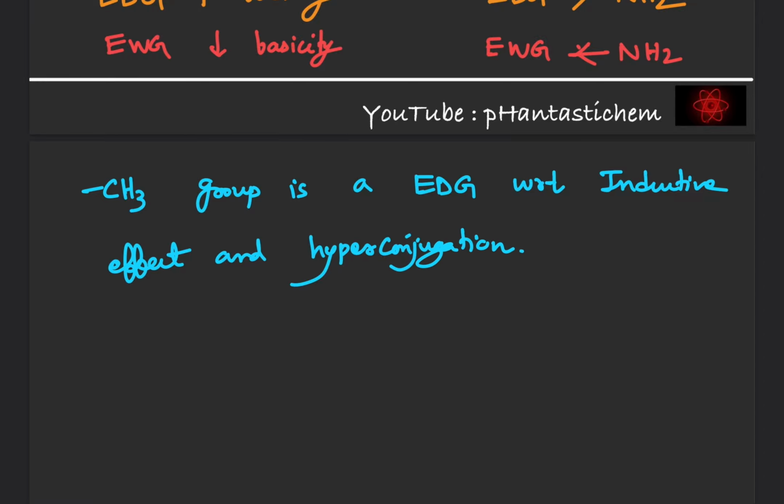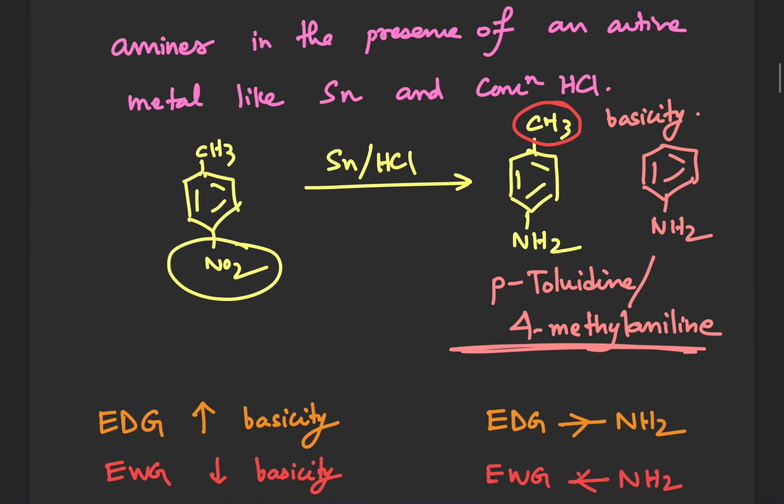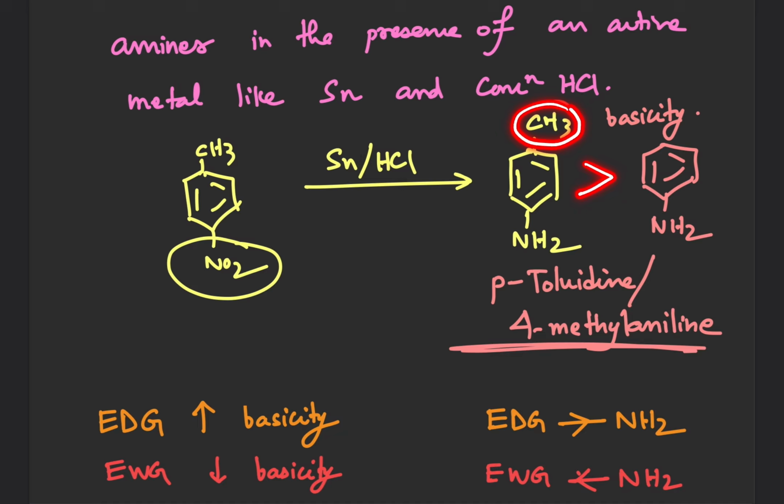Therefore, due to the presence of an electron donating group, that is CH3 in para-toluidine, that is this compound, there is an electron donating group. Therefore, it is more basic than aniline. Aniline just has an NH2 connected to the benzene ring. Okay, so therefore statement 2 is also correct.